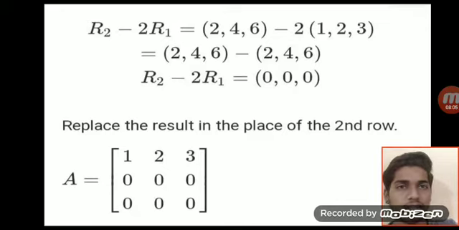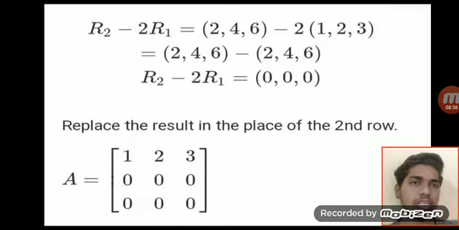The result is R2 - 2R1 is equal to (2, 4, 6) - 2(1, 2, 3), which is (2, 4, 6) - (2, 4, 6) = (0, 0, 0).